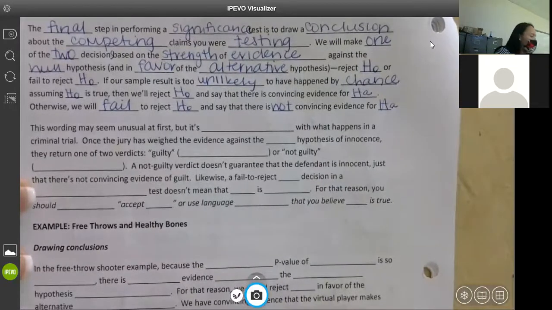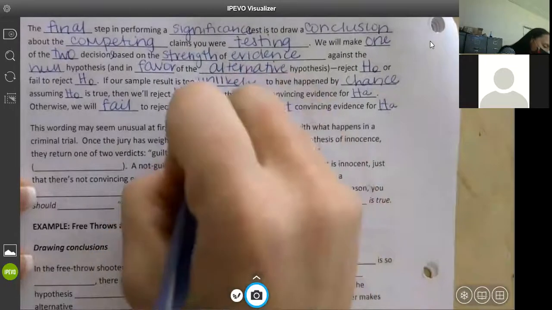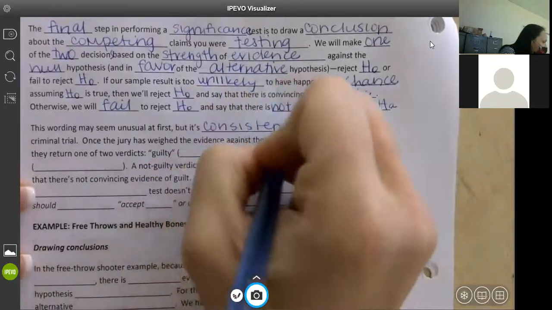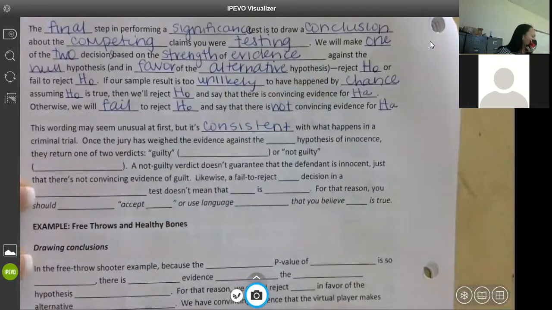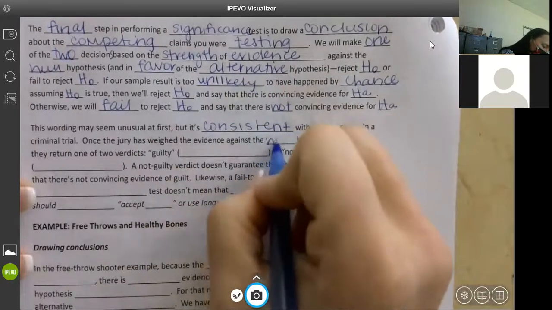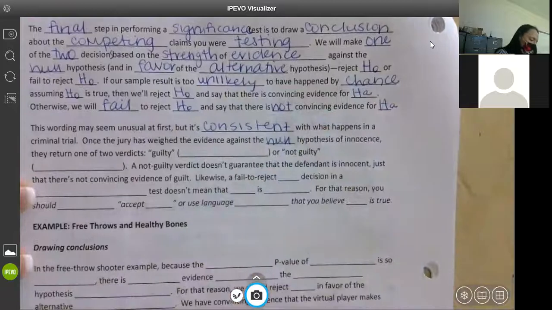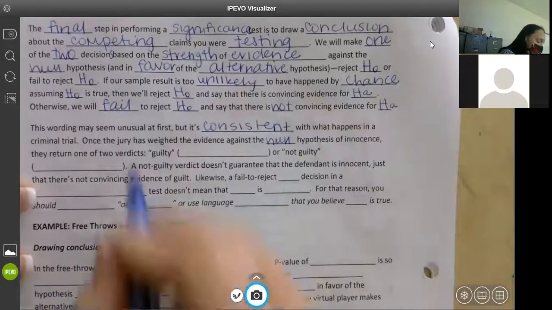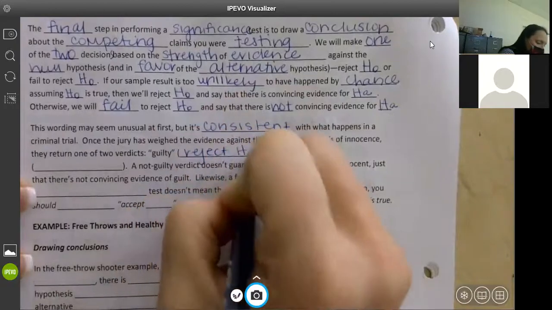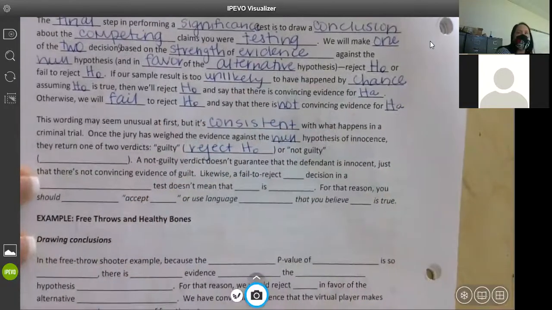The wording may seem unusual at first, but it's consistent with what happens in a criminal trial once the jury has weighed the evidence against the null hypothesis of innocence. They return one of two verdicts: guilty. So that means they reject the null.